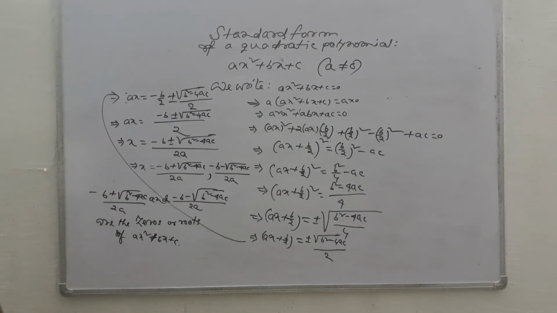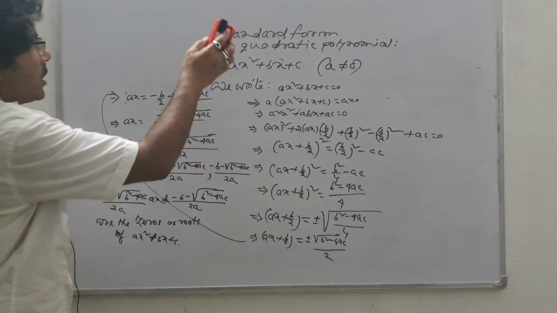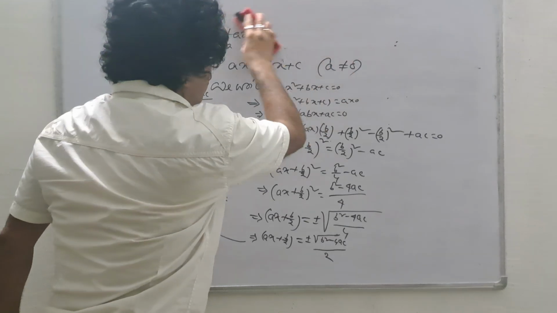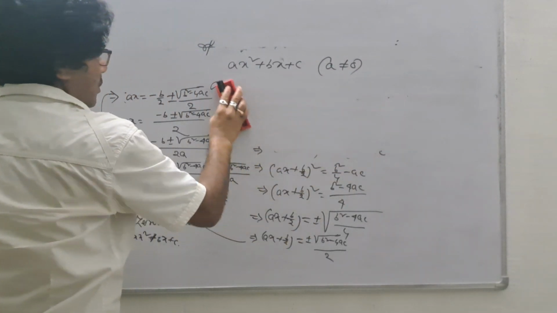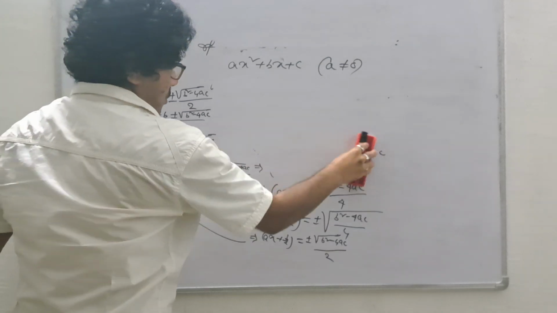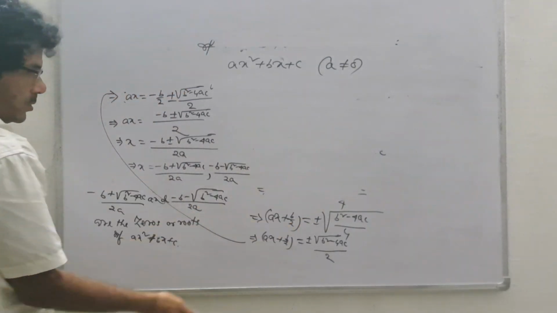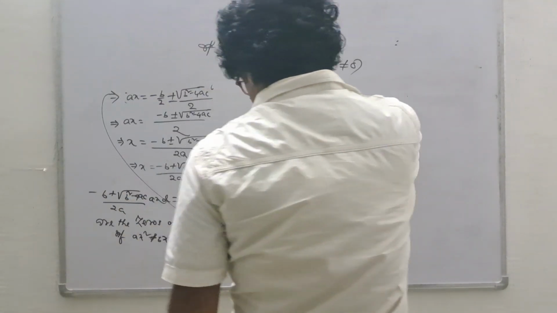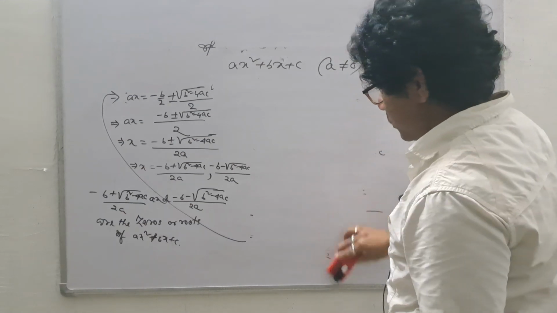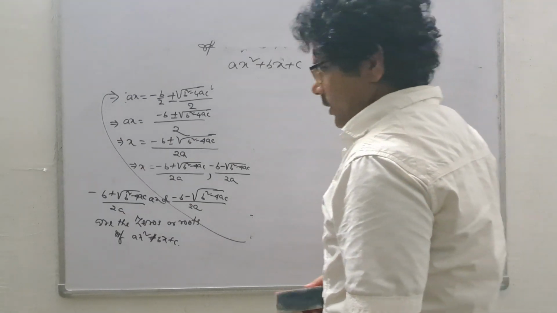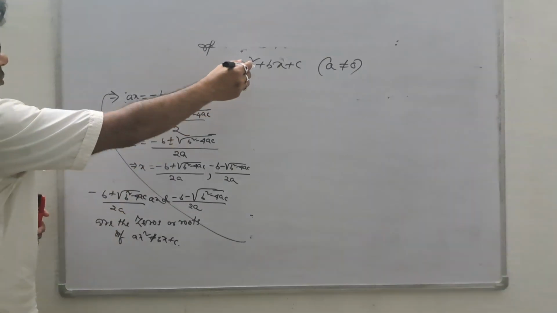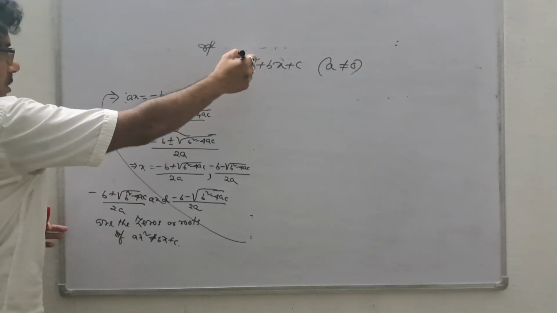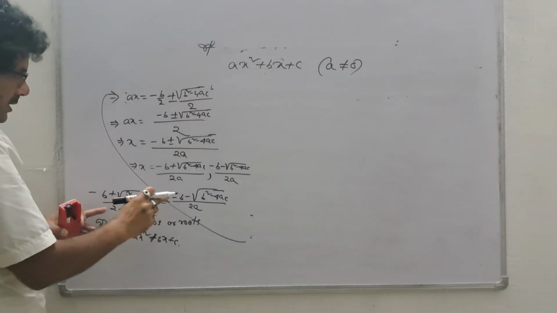Understood? This one. That means the zeros of this polynomial are this and this.